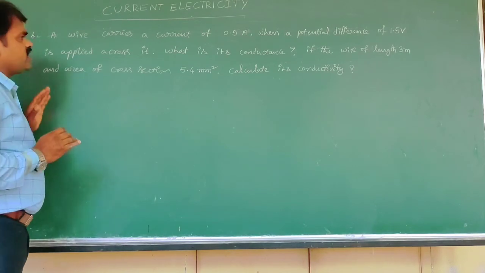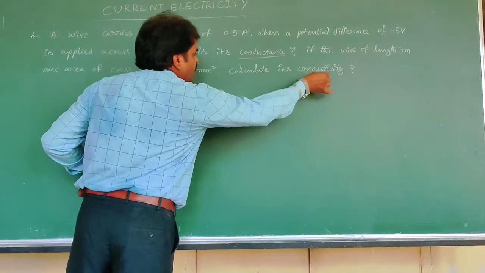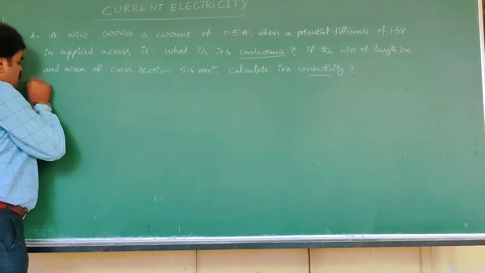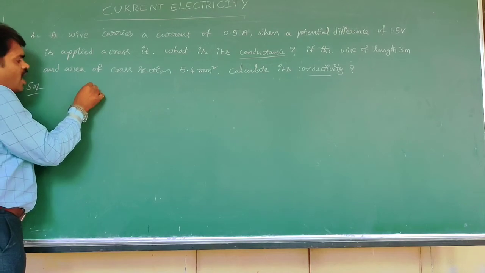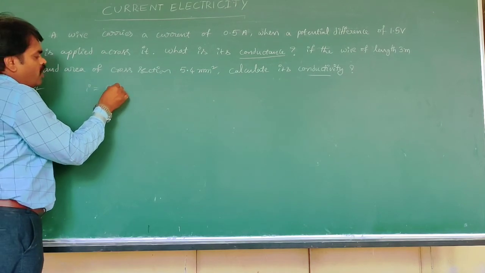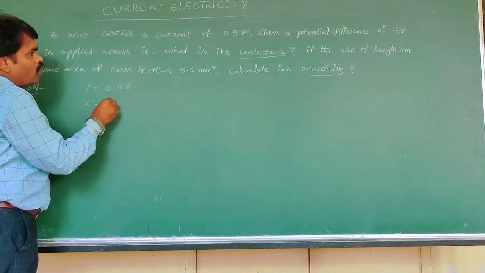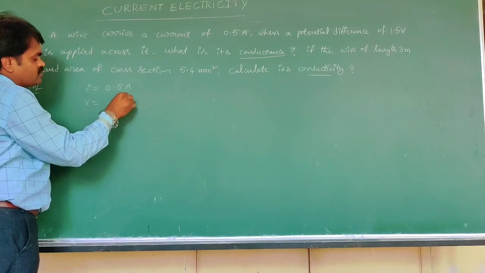Now they are asking about conductance and conductivity. What they have given: current is 0.5 amperes, potential is 1.5 volts.